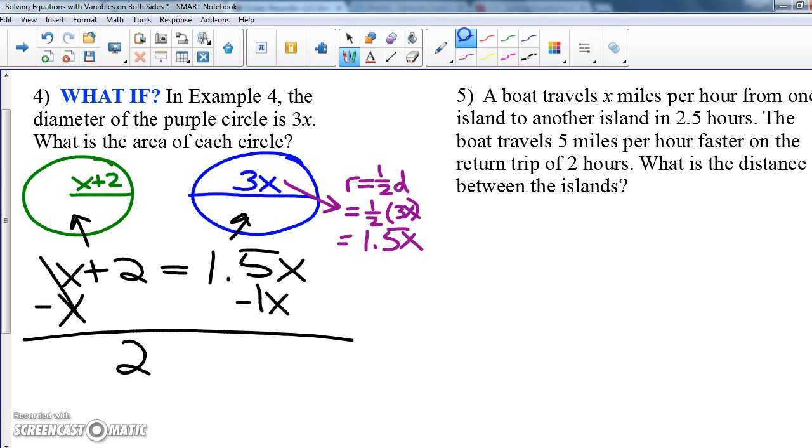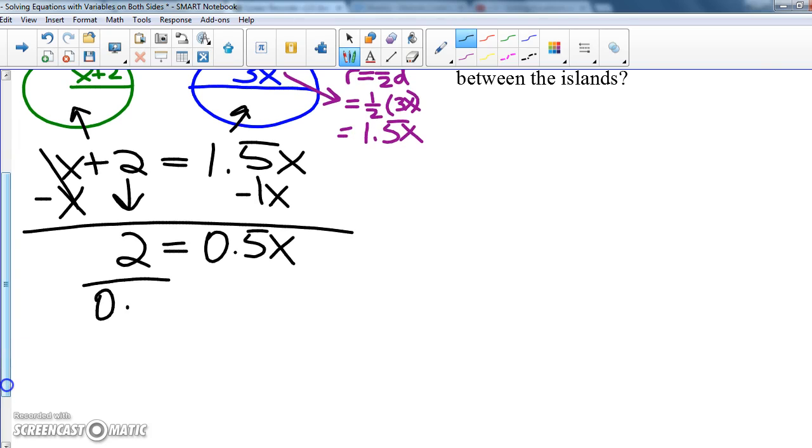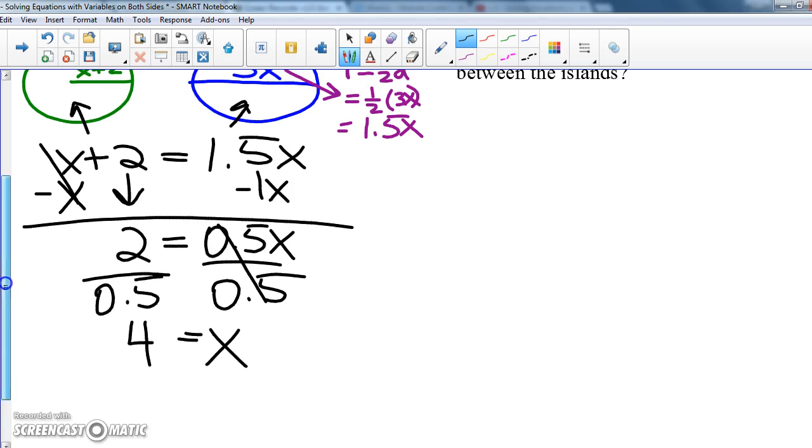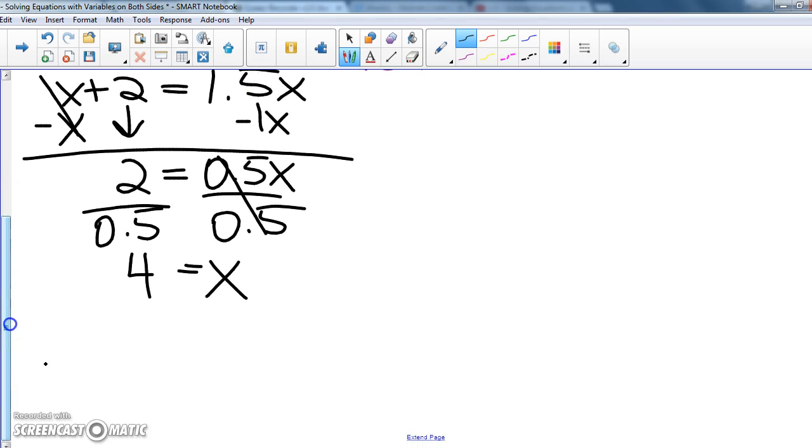So I've got 2 equals 1.5 minus 1 is 0.5x. You divide by 0.5. 2 divided by 0.5 is 4. And so if x equals 4, I have to find the area.